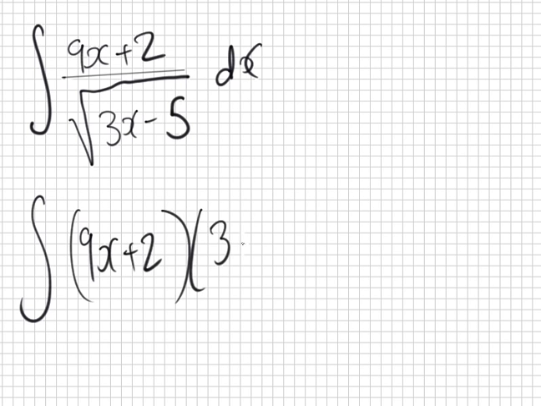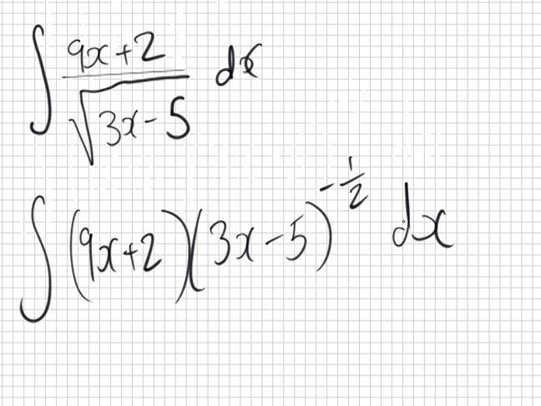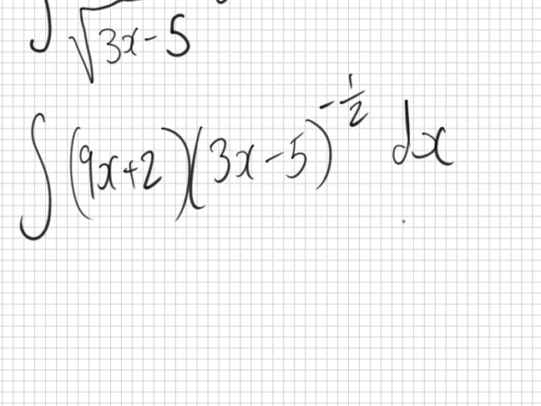Now what power, Amro? Minus a half, good. So now it looks more like a multiplication, an f and a g derivative. And you know why this is true, because you did this in semester 1 when you did the indices.